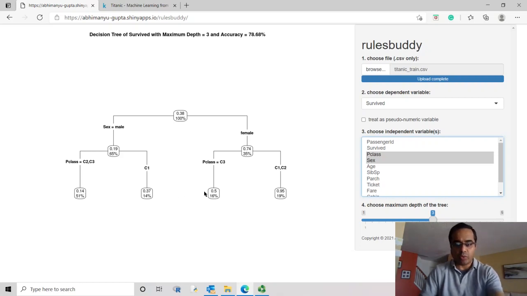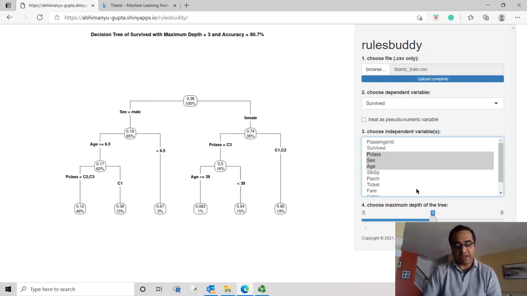Now I'm going to add one more variable to this, which is the age. When I add age, I see that there are different patterns for different ages of males and females as well. So let's start with the females. Well, the age did not matter when a female was in either C1 or C2.